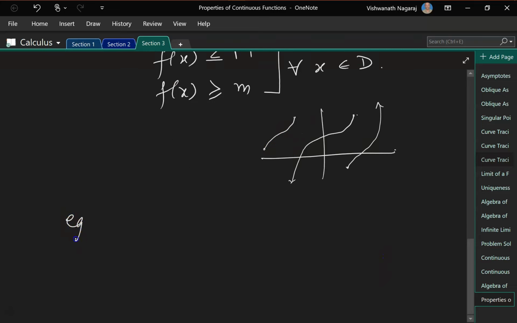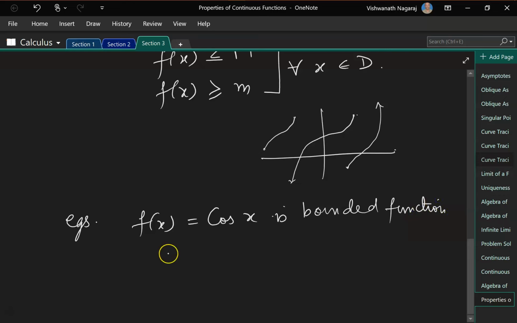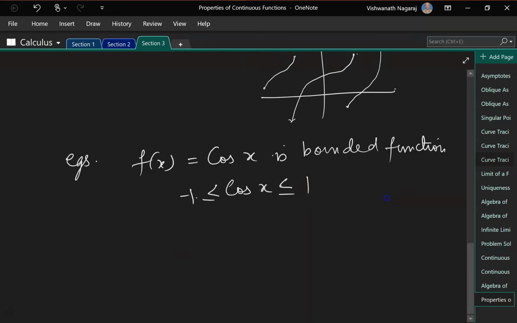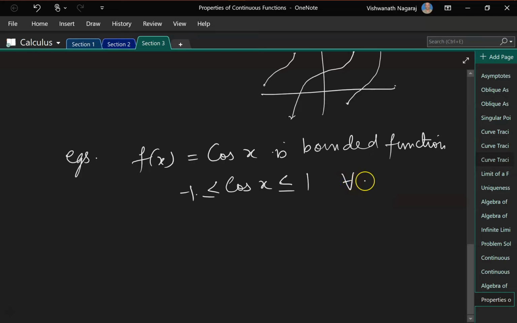So let's look at some examples. f(x) = cos x is a bounded function. Why? Because cos x is always between -1 and 1 for all x belonging to the real numbers.